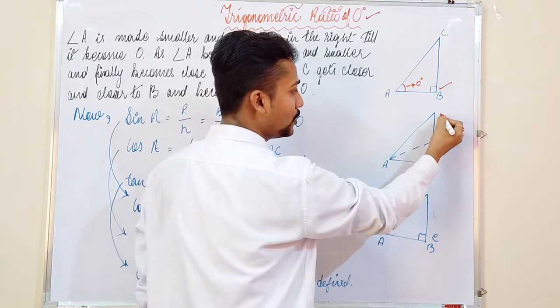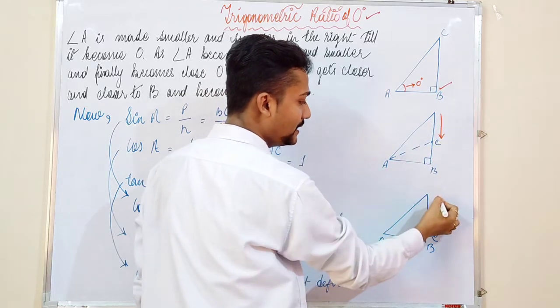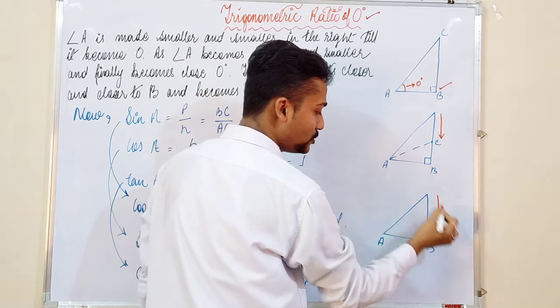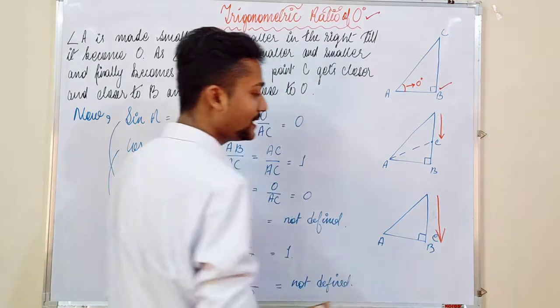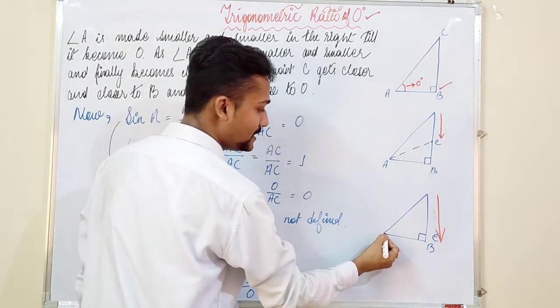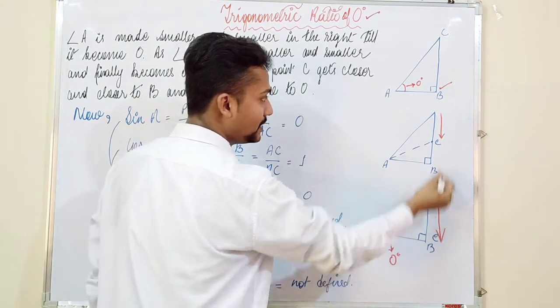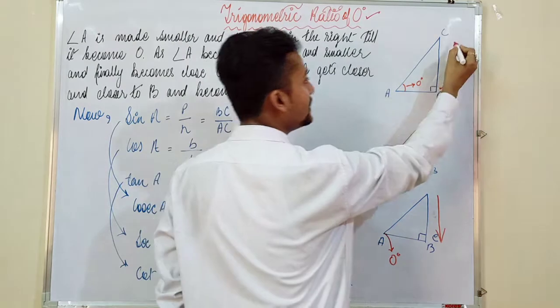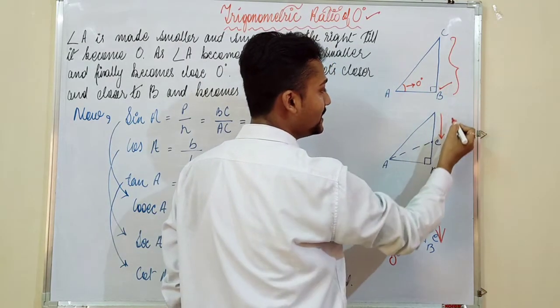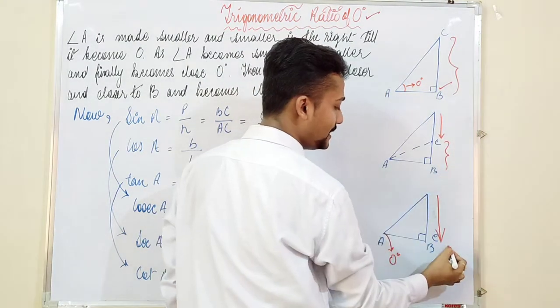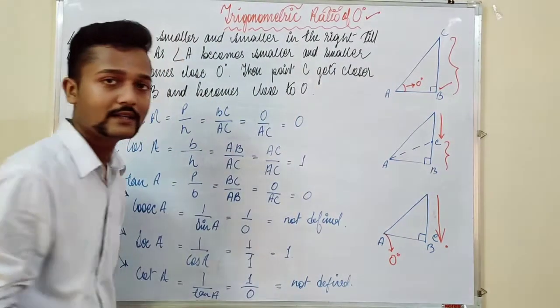It finally meets at B and hence it becomes 0 degree, isn't it? The side BC also becomes smaller. First the length of BC was this much, then it became this much, and finally it became negligible, close to 0.